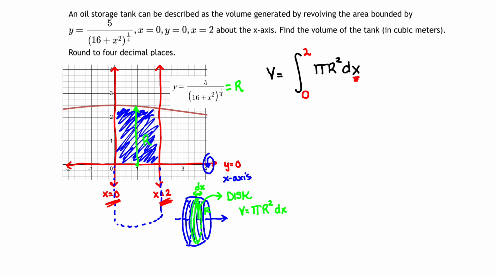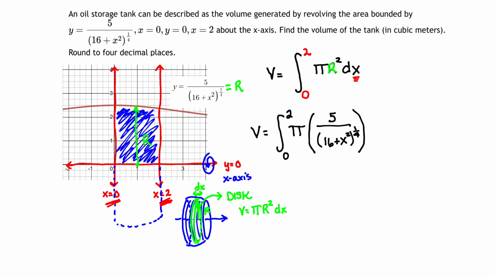Now, we want to make that substitution because we said that r can be replaced with our rational function, so let me replace r with the rational function, and that means we have a volume from 0 to 2 of pi times that rational function, 5 divided by the quantity 16 plus x squared raised to the 1/4 power.